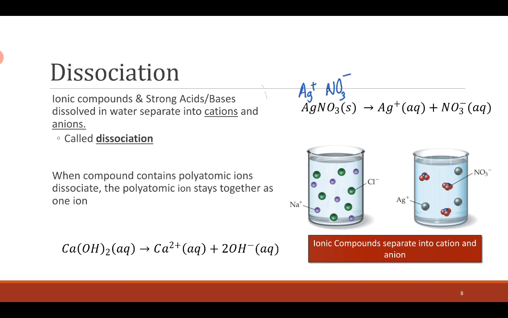And once those are dissolved in water, then they are separate cations and anions. So we have our separate cation and anion once it's aqueous. And so we use this AQ symbol to mean dissolved in water, aqueous.